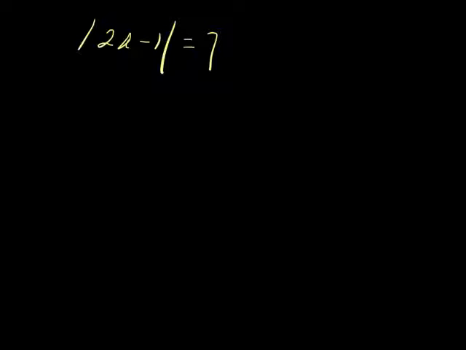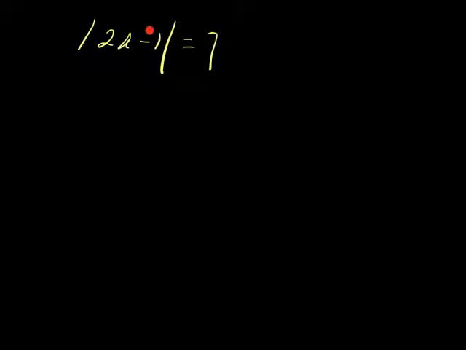So what that equation is saying is that the number on the left-hand side is equal to the number on the right-hand side. So the absolute value of 2a minus 1, in order for us to use this equal sign, these two sides have to be the same. So the absolute value of 2a minus 1 has to be equal to 7. What we're going to do in order to solve this is, we have a choice.